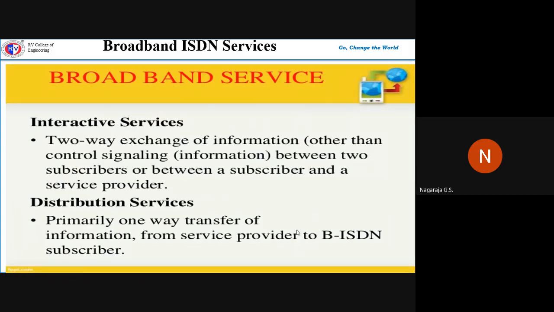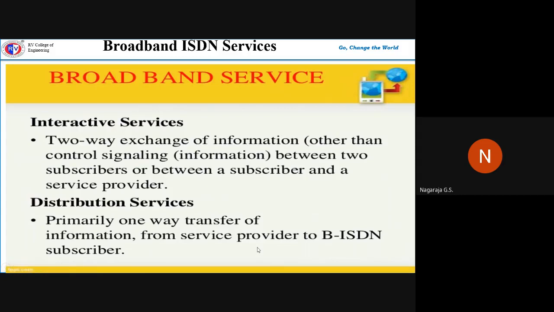Having said that, some more details on interactive services and distribution services. Interactive services: two-way exchange of information between two subscribers or between a subscriber and a service provider. Distribution services: primarily one-way transfer of information from service provider to ISDN subscribers.